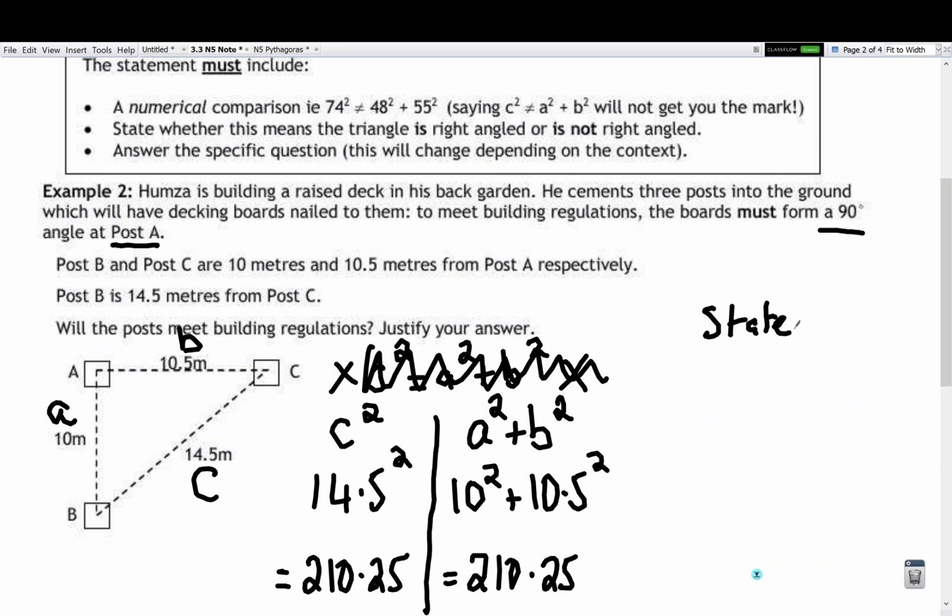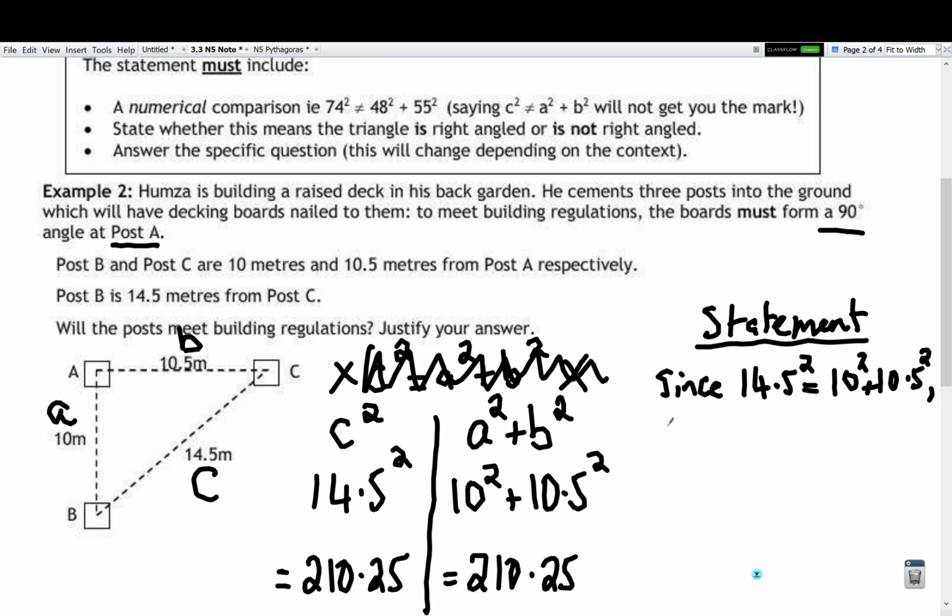So we'll do this at the side here. First bullet point is the numerical comparison. Now, the numbers do equal each other. So we say since 14.5 squared equals 10 squared plus 10.5 squared. That's bullet point 1. We've done the numerical comparison. The triangle is right angled.